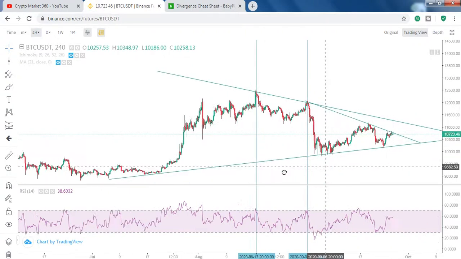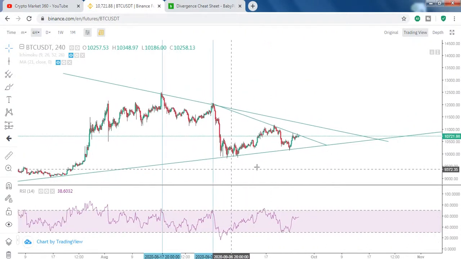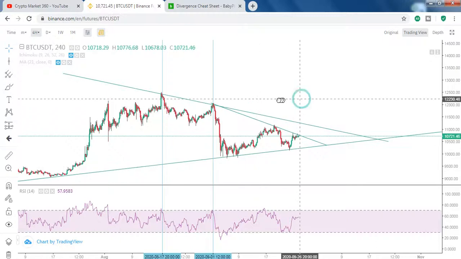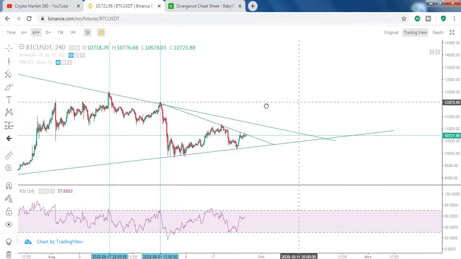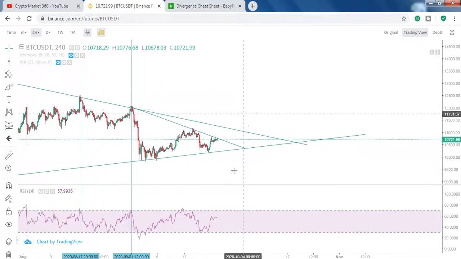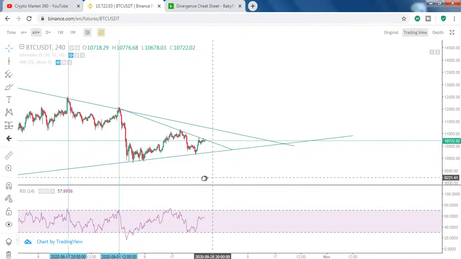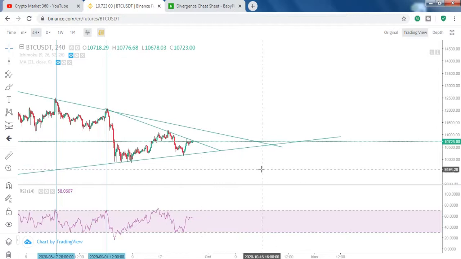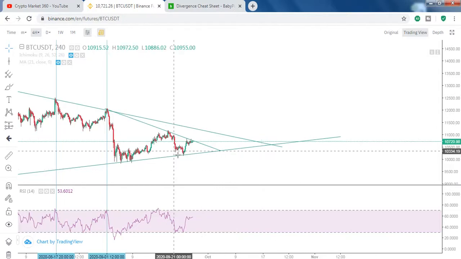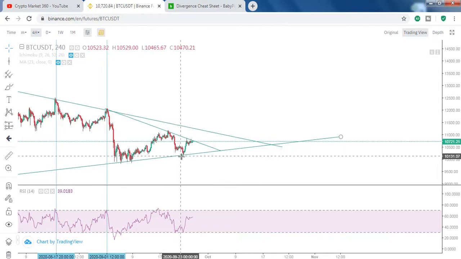Okay, so I'm showing you another divergence from today. Let me see another one. Yeah, this is the bullish divergence.